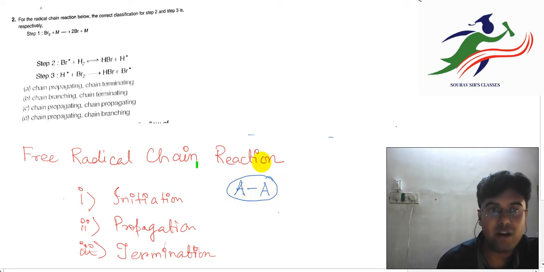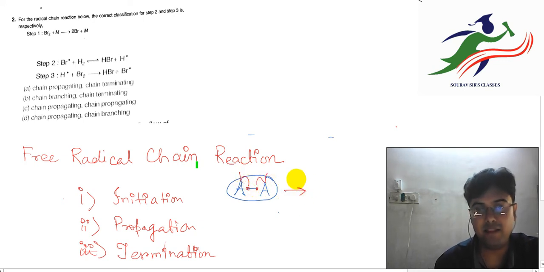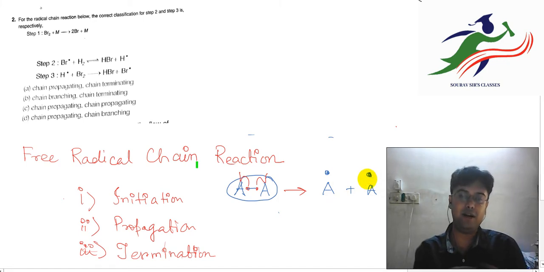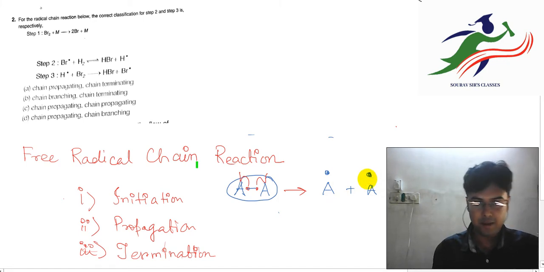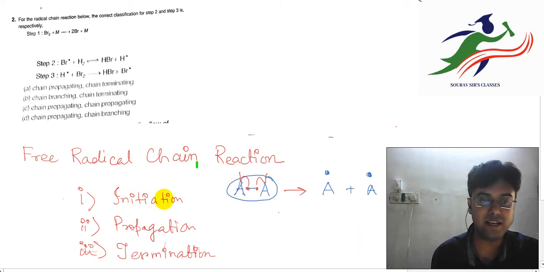If this molecule gets split in this fashion, so that these 2 shared pair of electrons are equally shared, then we would have 2 free radicals, similar types of 2 free radicals. This is a step which marks the initiation of a particular reaction, hence it is called the initiation step.